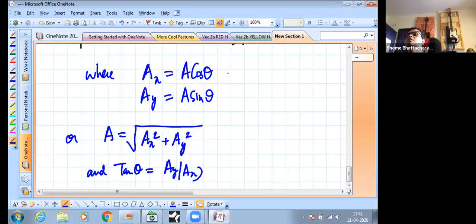So whatever formula we have written, this is like an inversion of that. In the above formula, if we know the magnitude of A and the angle theta, then we can find the components Ax and Ay. And the below formula is the other way around. If we know the components Ax and Ay, we can find the magnitude and the direction. Alright, so take a quick note of this and let's start applying this with some examples and we'll understand this better.